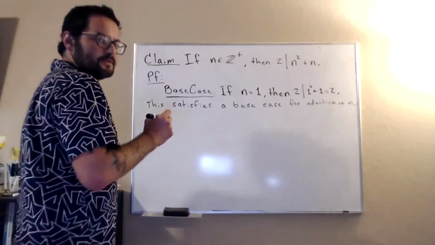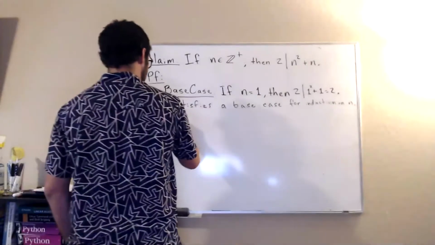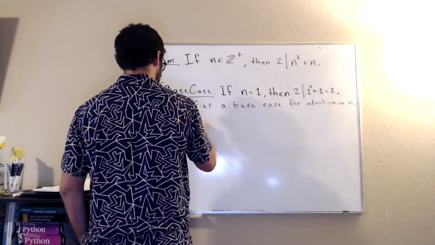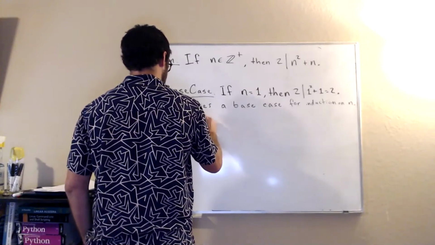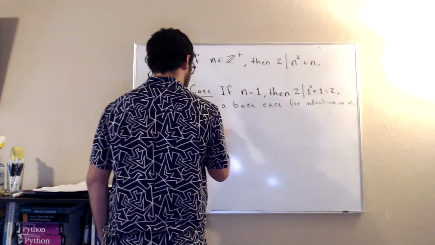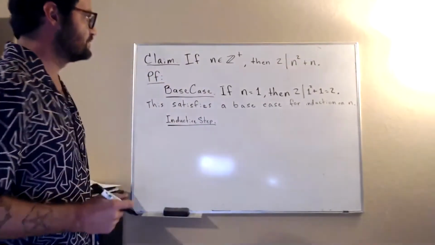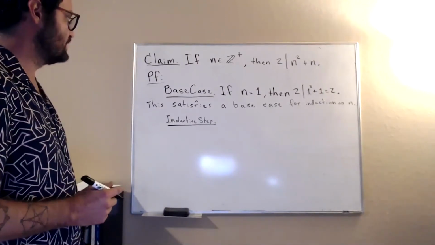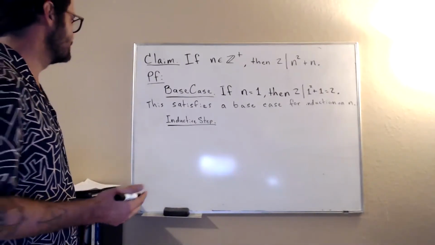So now we need to do our inductive step. We need to show that pk implies pk plus 1.